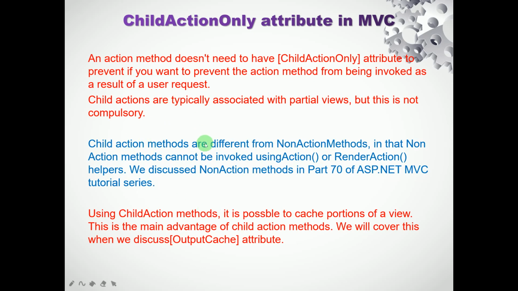It is the same as a partial view, but it is not compulsory to use it as a partial view. Child action methods are different from non-action methods in that non-action methods cannot be invoked using the Action or RenderAction helpers. We discussed non-action methods in part 70 of the ASP.NET MVC tutorial series.